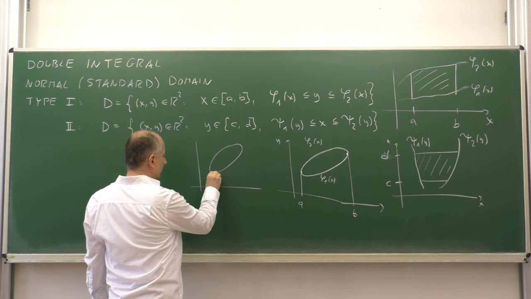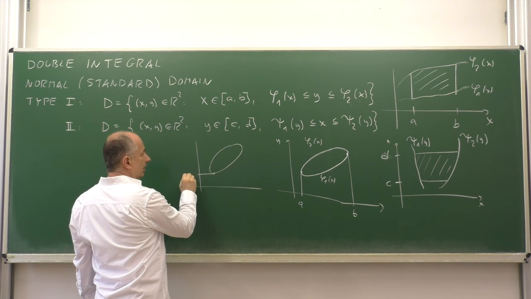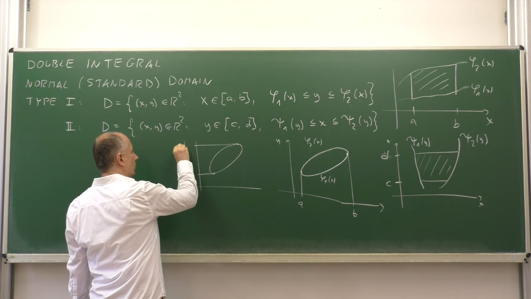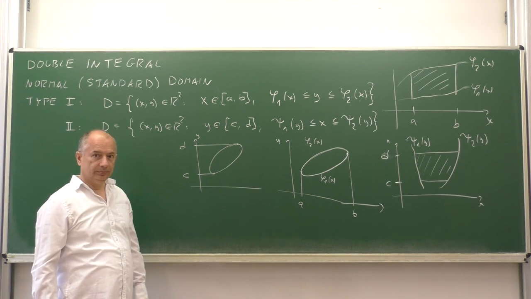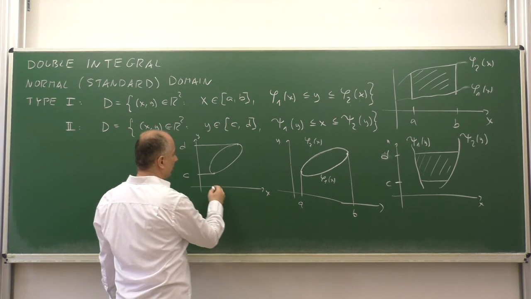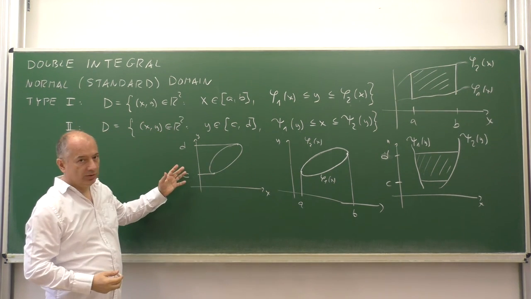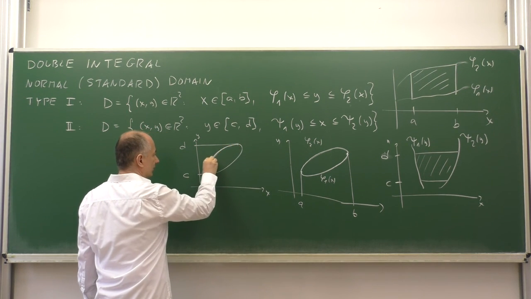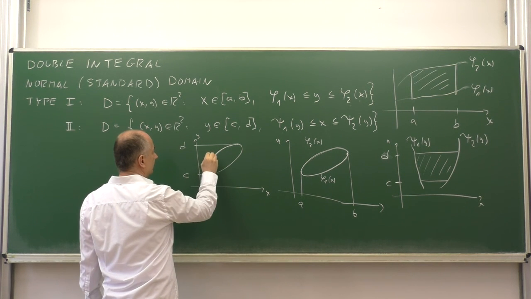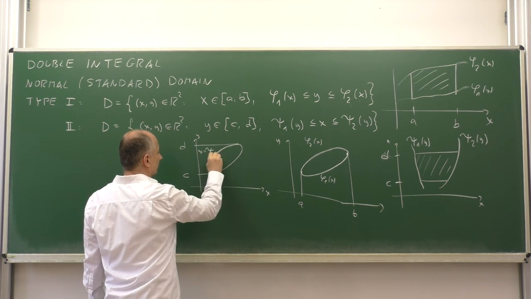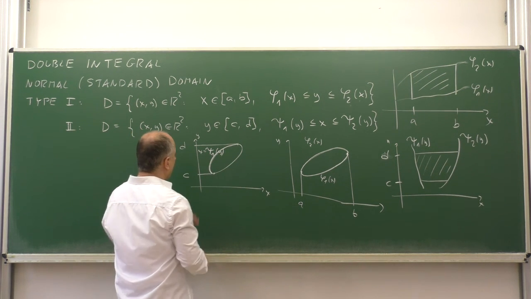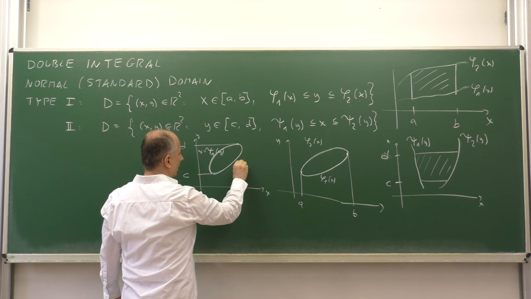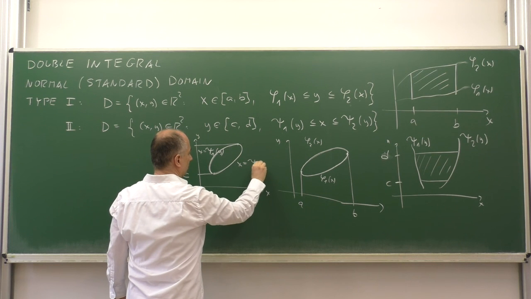Namely, if you consider the bottommost point and its y-coordinate C, and the topmost point and its y-coordinate, let's denote it D, then x is bounded from the left, from below, by this curve, which can be considered a graph of the function x is a function psi1 of y, and x goes up to points on this curve, which can be described as x is psi2 of y.